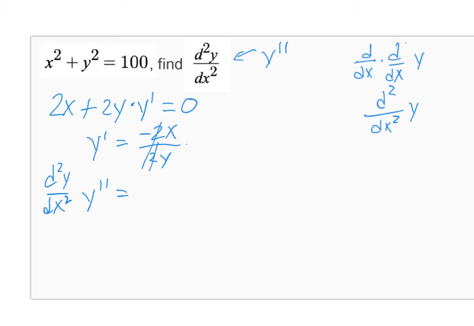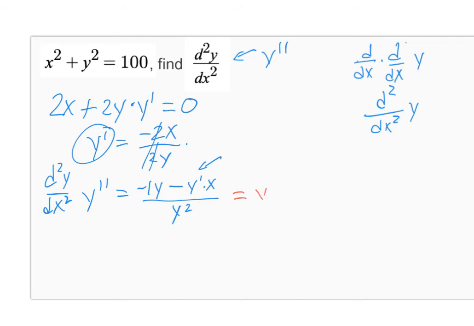So here we've got a quotient rule. We're going to deal with this as negative 1y minus y prime times x over y squared. And we don't want this y prime here. The good news is we're given that information.